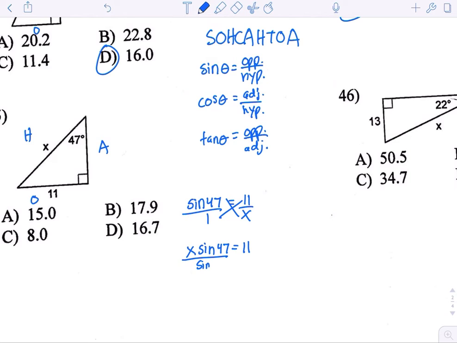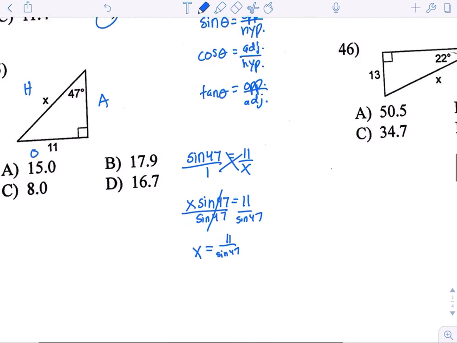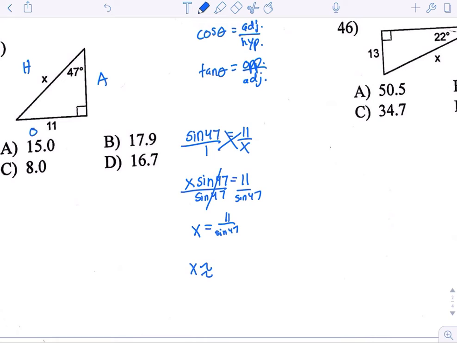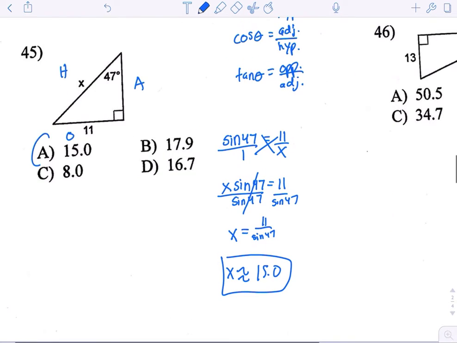Divide both sides by sine 47 so we can isolate our x. X is equal to 11 over sine 47. Round it to the nearest 10th: 15.0. So you should have gotten A.